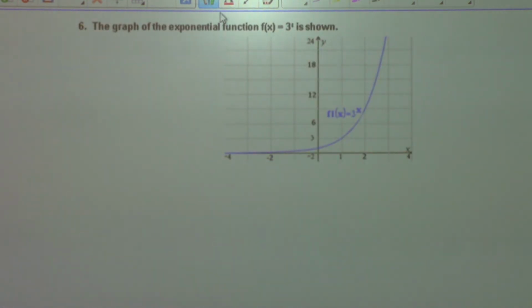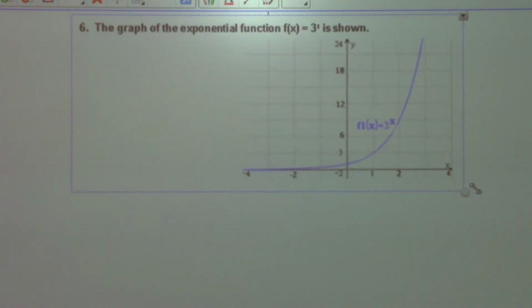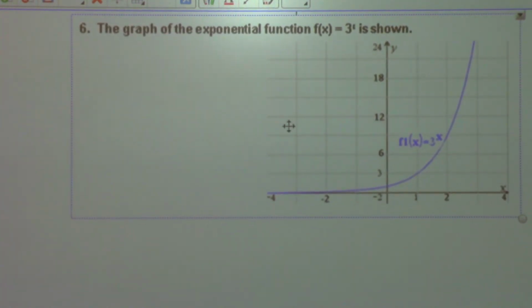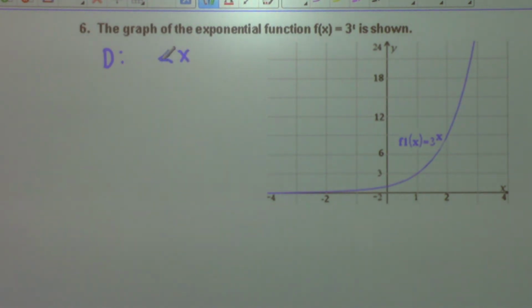Okay, now we have this graph. Same thing. Is domain going to be the same as we saw for problem number 5? Yeah, it is. So I'm just going to go ahead and quickly transcribe those answers from 5 because they're the same, right?